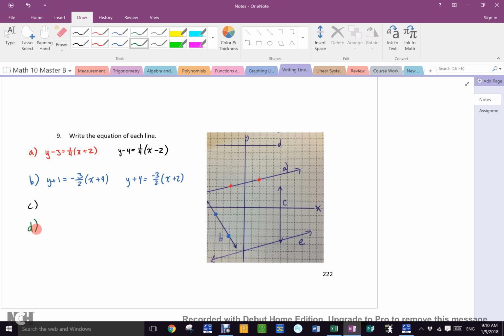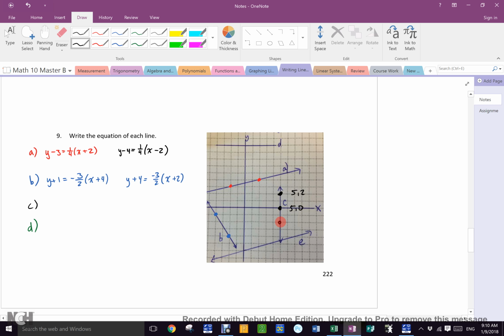What do you know about C? What is that point right there? That's 5, 2. What's that point right there? 5, 0.